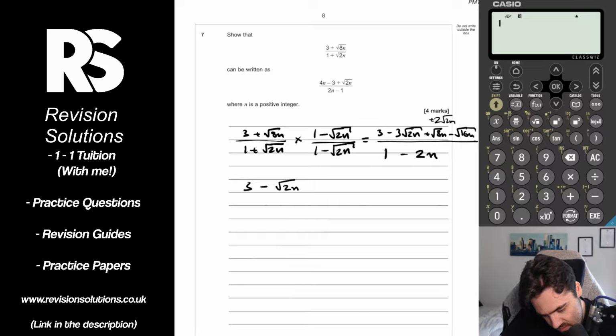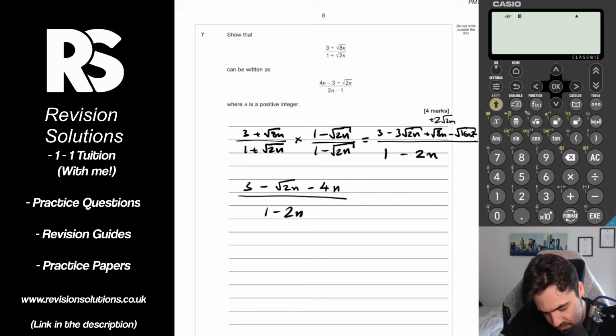And then the minus root 16n, we could think of that as root 16 times root n. So that's just a minus 4 root n. Oh, sorry, it should have been n squared, shouldn't it? Because it was 8n times 2n. That's root of n squared, which is actually then just an n, isn't it? So minus a 4n, and then on the bottom we've got 1 minus 2n.